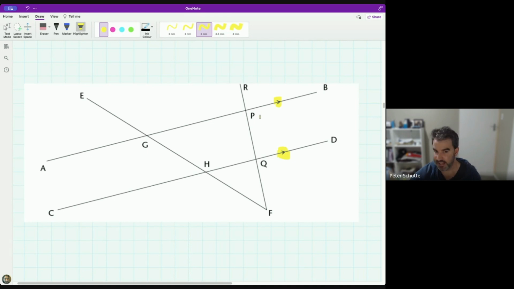Yeah, they're telling us that we have parallel lines. And if we have parallel lines, what you need to be aware of is that corresponding angles are equal. So that would be the two green ones. You also need to know that alternate angles are equal, which could be those two, or could even be those two over there. Those are alternate, they're equal.